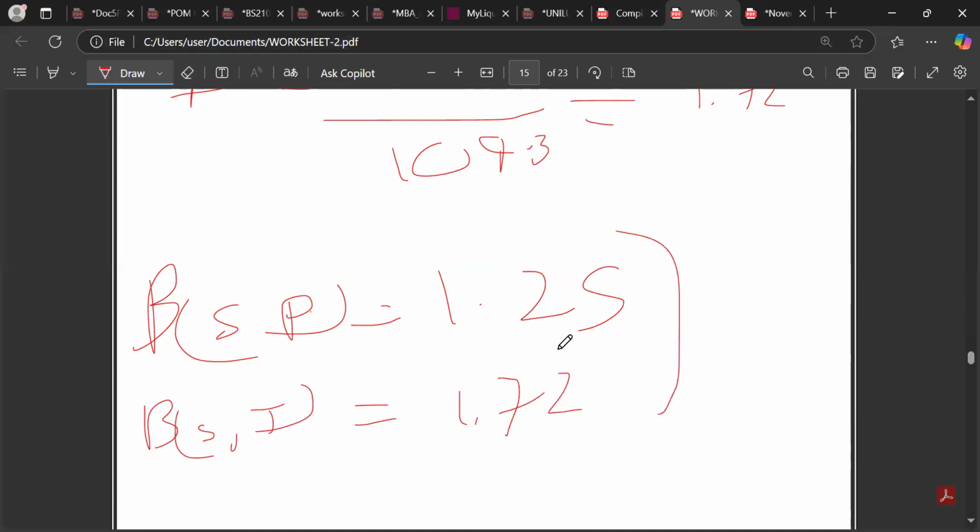Based on these two factors, we can now address our question. Why is there a difference between the betas?